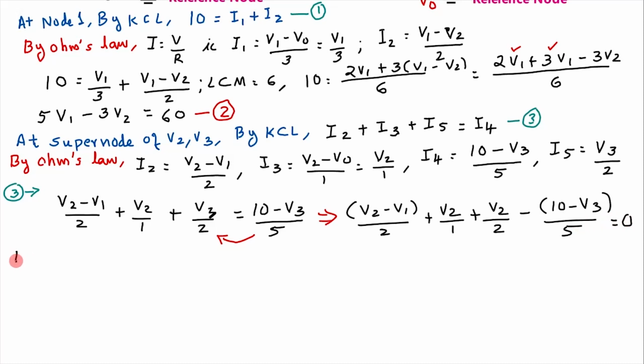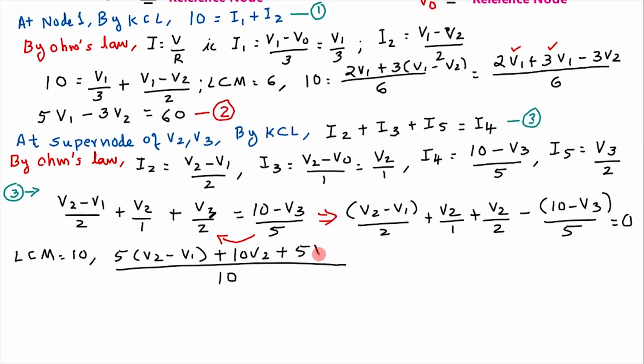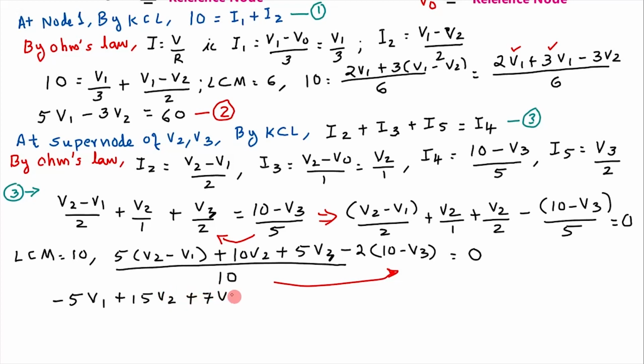So here LCM is equal to 10. So the equation becomes 5 into V2 minus V1 plus 10 V2 plus 5 V3 minus 2 into 10 minus V3 is equal to 0. When this 10 is brought to the right hand side, it becomes 0. Further simplifying this equation, we get minus 5V1 plus 15V2 plus 7V3 is equal to 20, and let it be equation number 4.